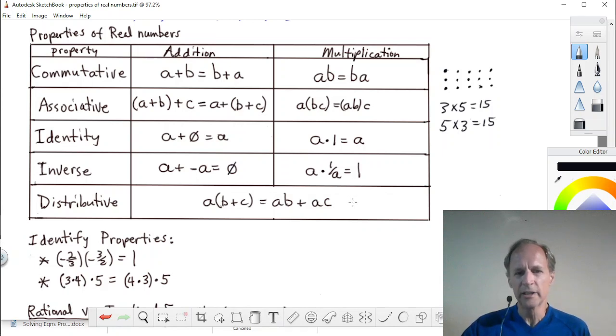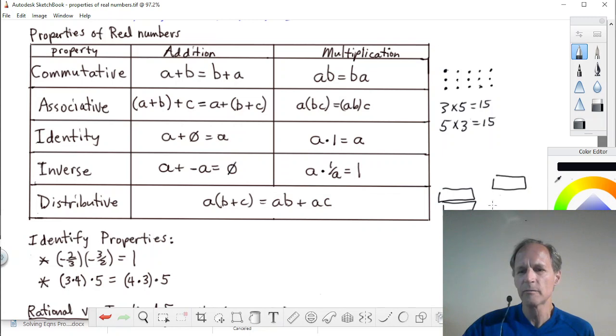Distributive might be a little tricky to think about, but just briefly, if you have 2 stacks of cartons of eggs, okay, this is a carton of eggs, there's another carton of eggs, each carton has 12. So this stack has 3 and this other stack has 4.